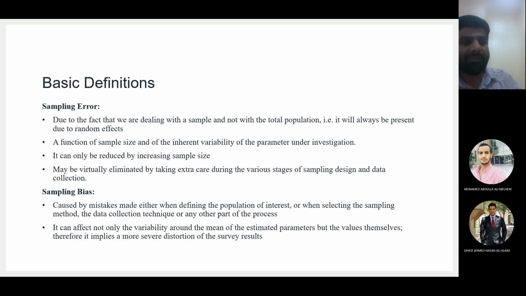If everybody is taking, let's say, 1 or 2 trips per day, and very few people take more than 2 trips per day, the variability is less, so sampling error will be less. And vice versa: if many people are taking 1 trip, many 2 trips and many 3 trips, the number of trips is evenly distributed among different people, so it will have a lot of variation. In that case, the sampling error will be more.